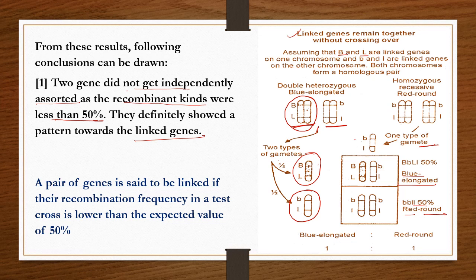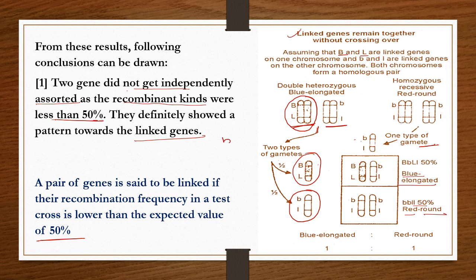Due to lack of crossing over, there are no recombinants, and directly 50% of each parental kind is formed. So a pair of genes is said to be linked if their recombinant frequency in a test cross is lower than the expected value of 50%. That is the conclusion.